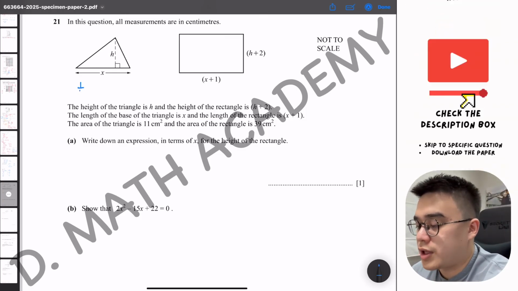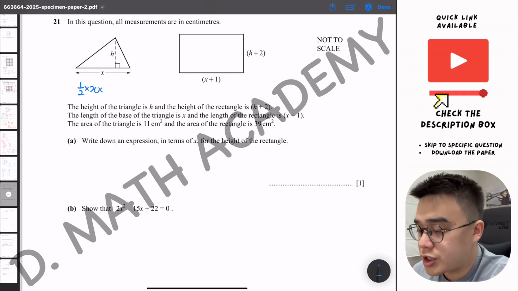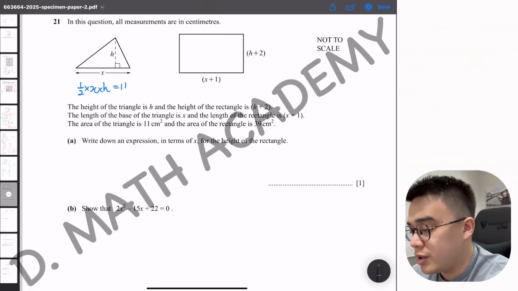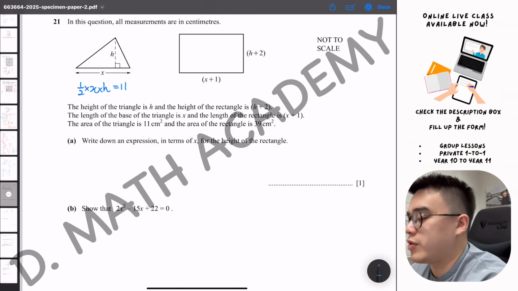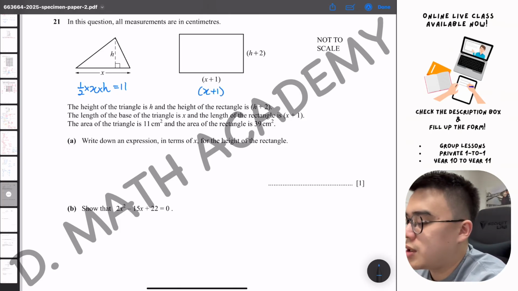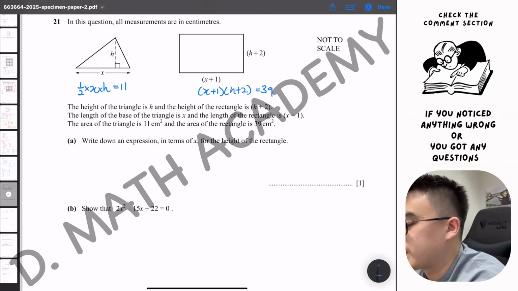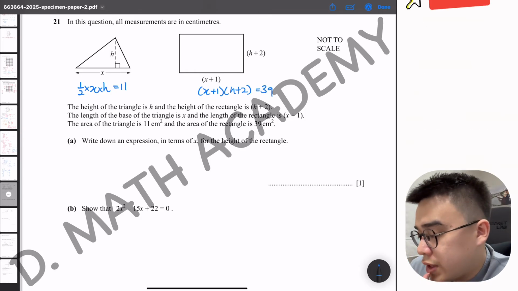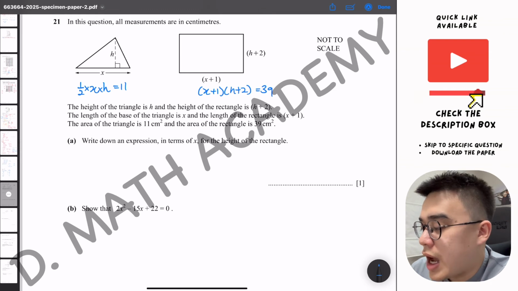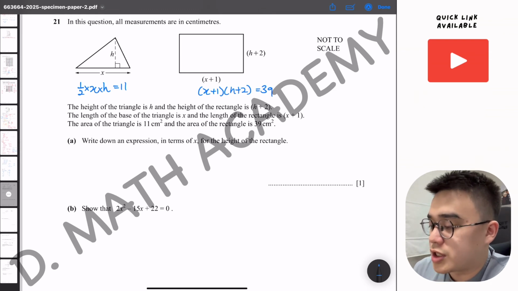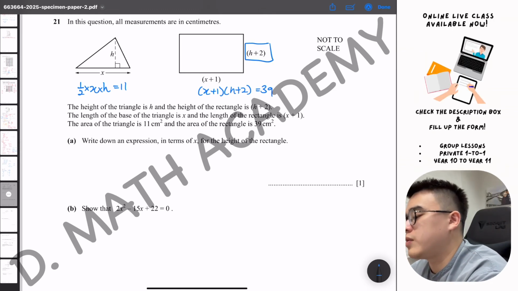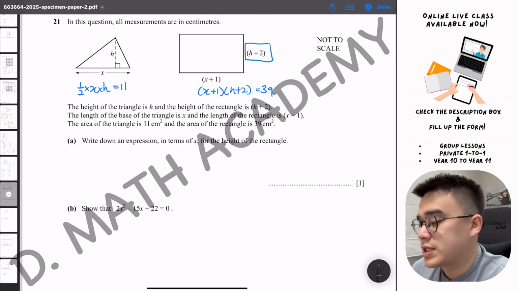For the triangle, the area was half times x times h, which gives 11. For the other part, I have x plus 1 and h plus 2. When multiplied, I will get 39. Since they only wanted the height of the rectangle, which is the h plus 2 here, I have to find a way to replace it with x.